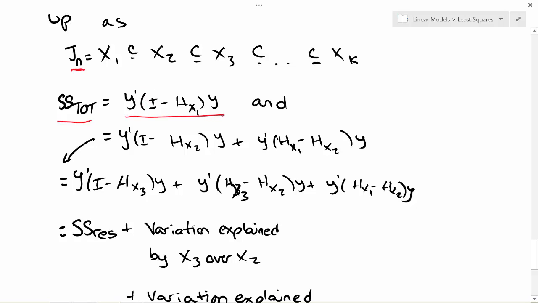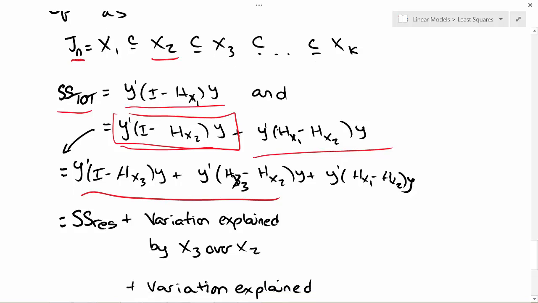Using the same logic as above, I can decompose that into y transpose (I minus Hx2) y plus this guy, y transpose (Hx2 minus Hx1) y. But now this is just the same problem again, now starting at X2. So I can go to X3 and decompose it again into these two terms.